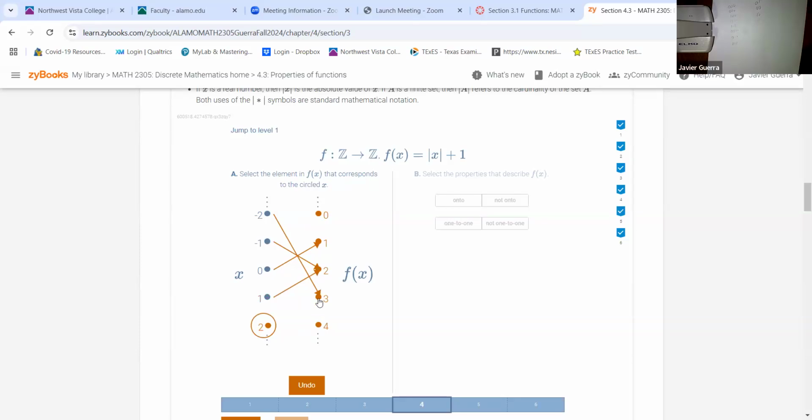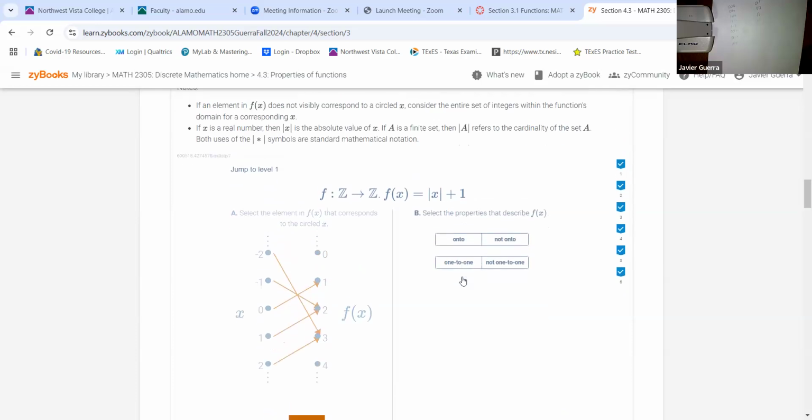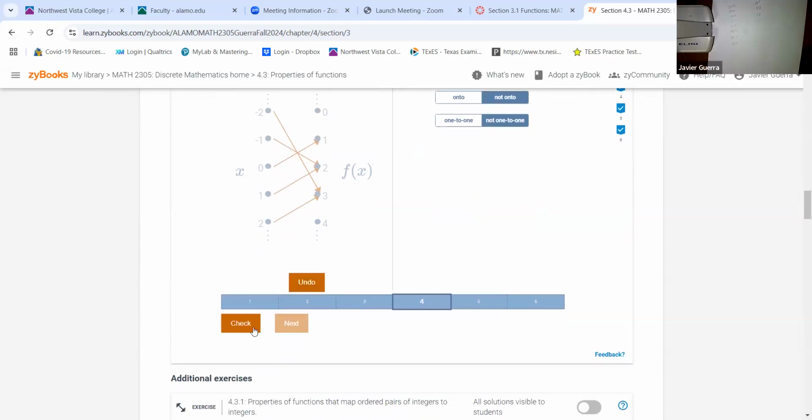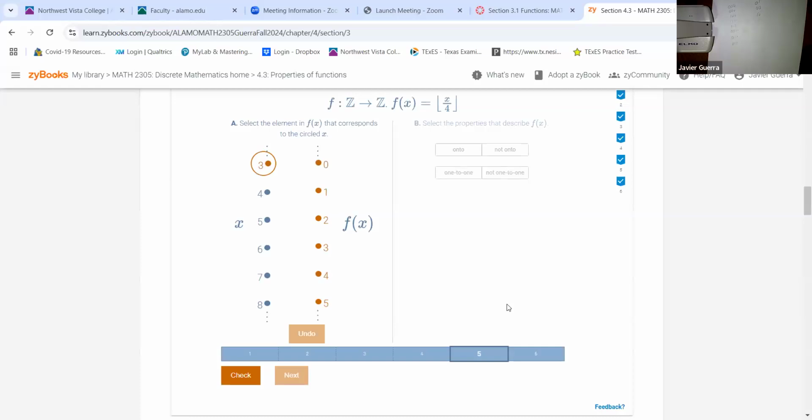Okay, so for sure it's not on to because these elements are not used. It's not 1 to 1 either because 1 and -1 map to the same value. Yep, okay, cool.